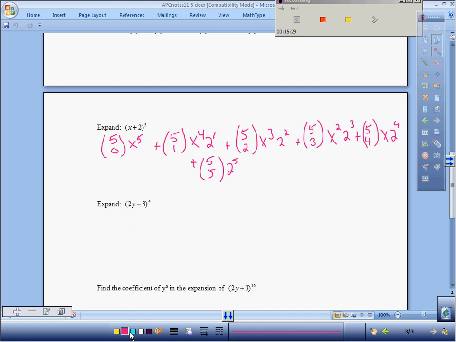So when I rewrite it without any of the simplifying, I get x to the 5th, because this is just 1. What's this? 5 combination 1.